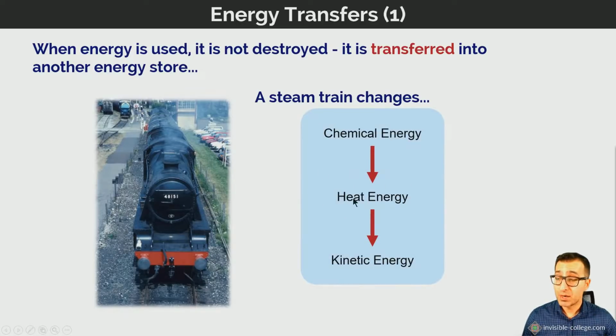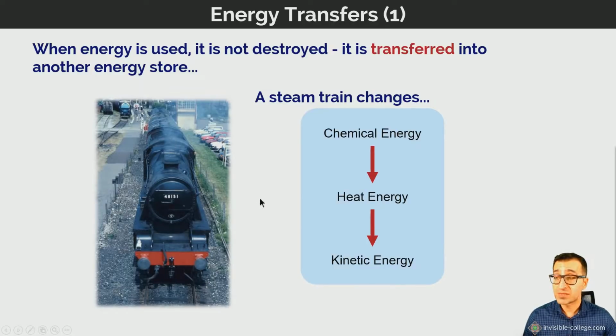And the heat transfers that energy to the molecules of water in the boiler. Those molecules will heat and get hotter, and the liquid water will become steam under high pressure. The steam is then responsible for driving the whole train forwards, and so it gets transferred as mechanical kinetic energy.